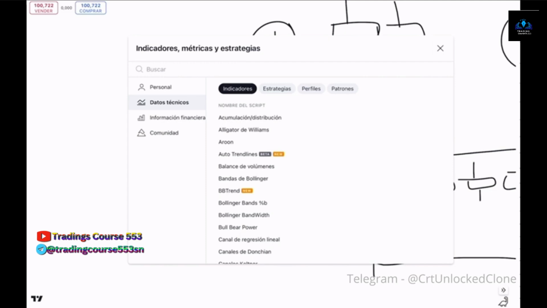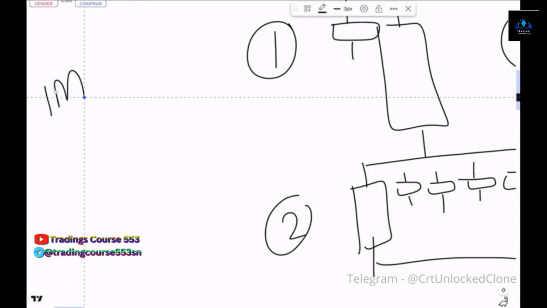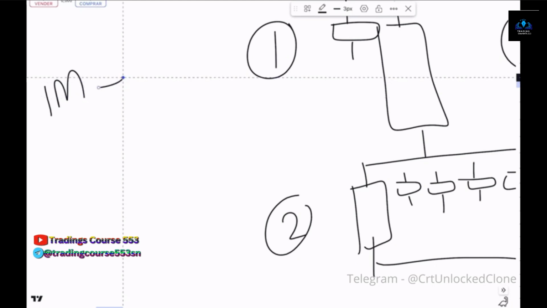A monthly candle, monthly CRT, you're going to look to go down to the daily or the 4 hour model 1, right?